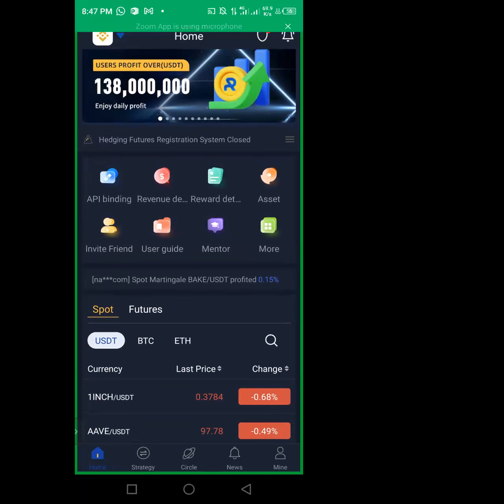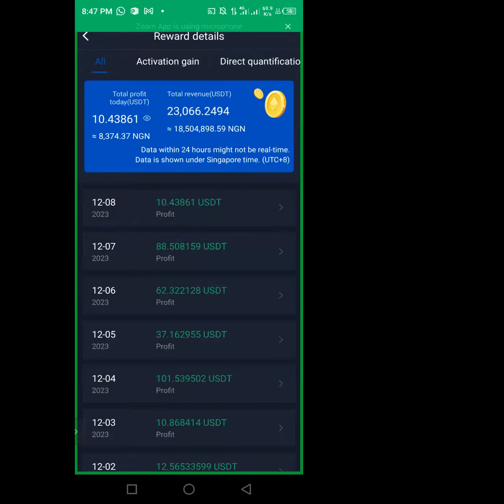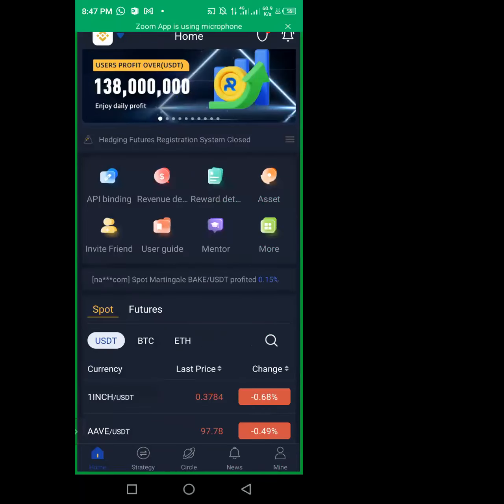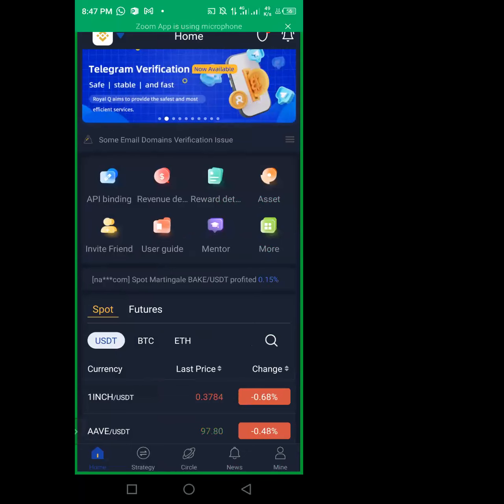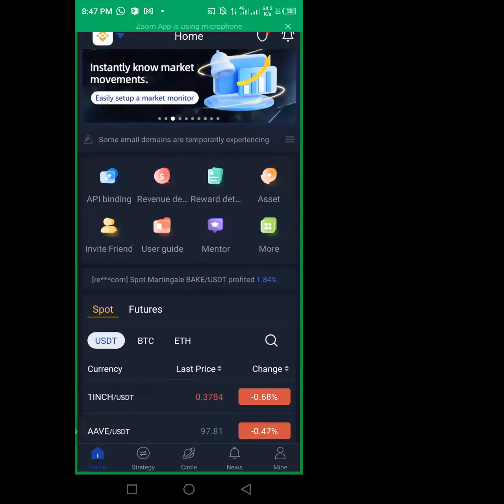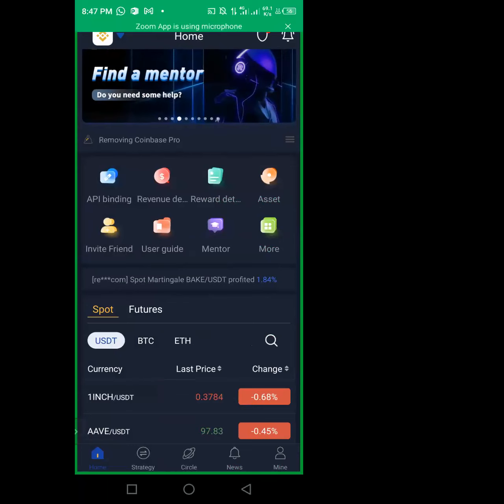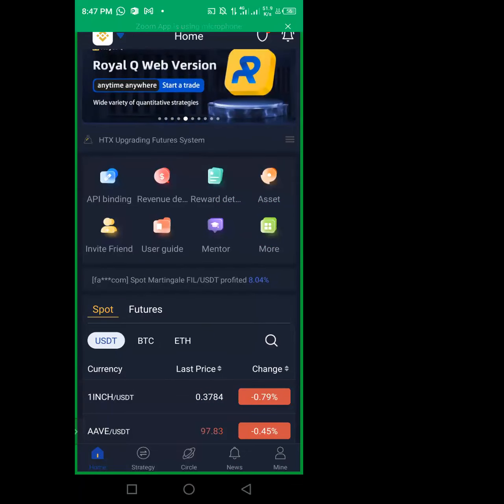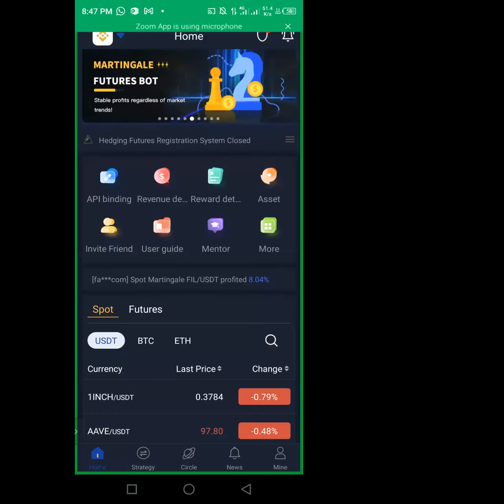Now we have the rewards details. So this is where you see the rewards. Royalq, why it's an amazing business is that its rewards are one of the best so far, in the sense that if you enjoy the business and you introduce someone to start using Royalq, it gives you immediate rewards of $30.